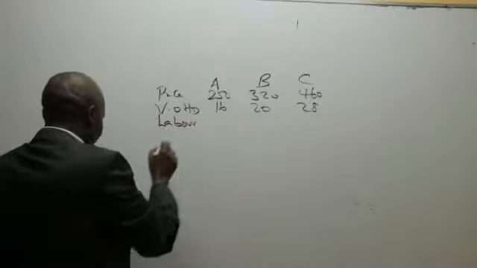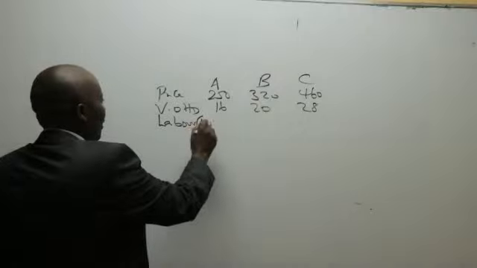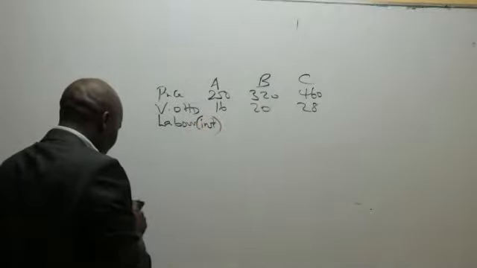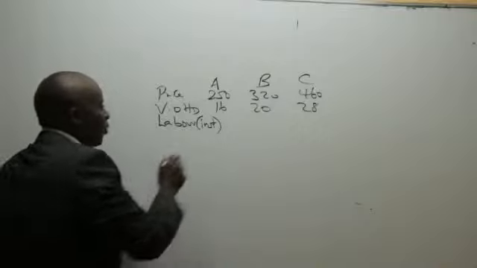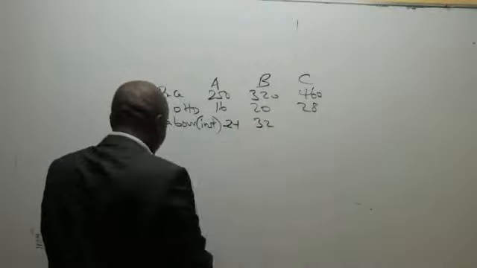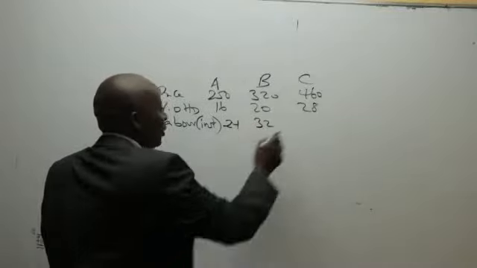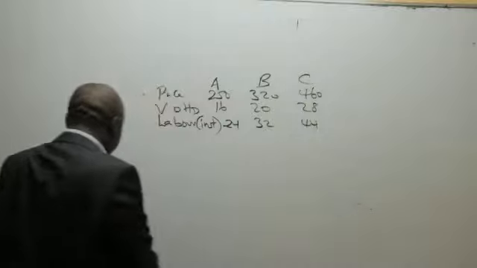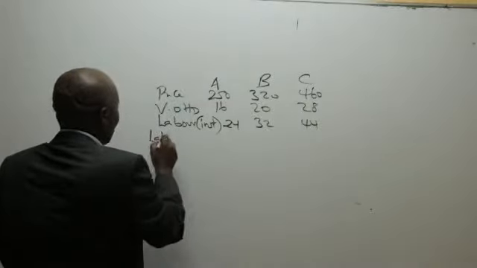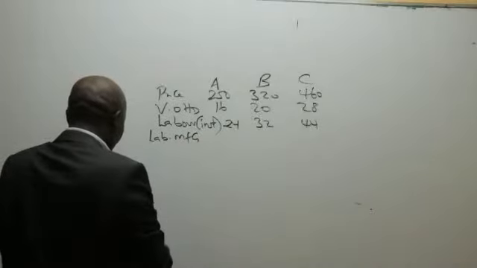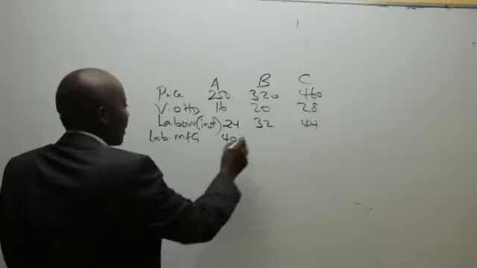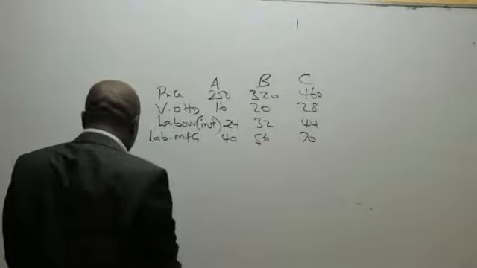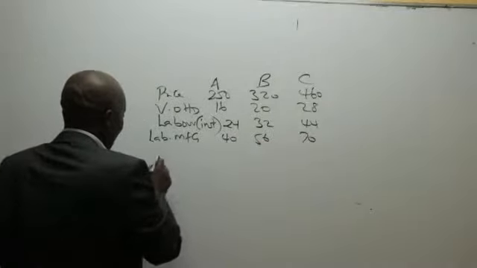We have labor installation: 24, 32, and then 44. And then we have labor manufacturing: 40, 56, and 70. And then additional information.